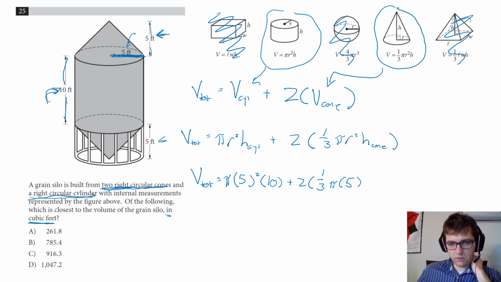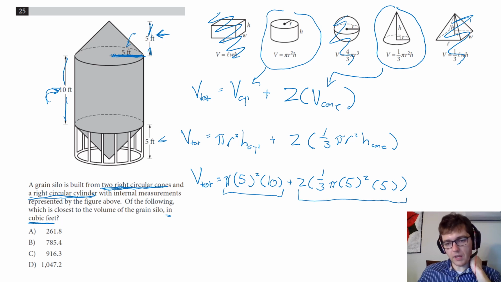So 5 squared. Height of the cone now is 5 feet times 5. Plug all that right into your calculator. I think that's the easiest way to do it. Or if you want to do an intermediate step, you calculate just this and just this, and then add them together. I think it's just as easy just to do it all together.